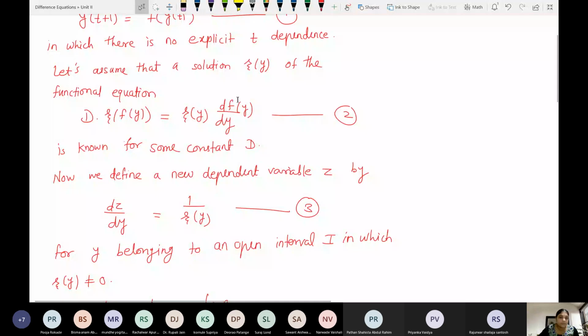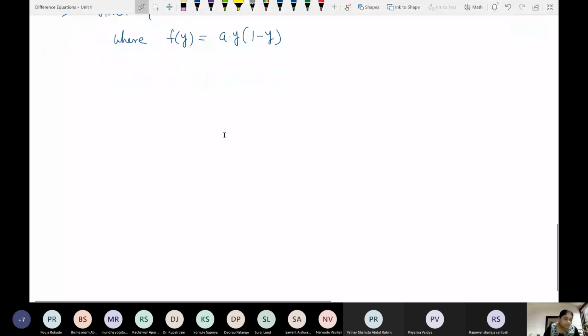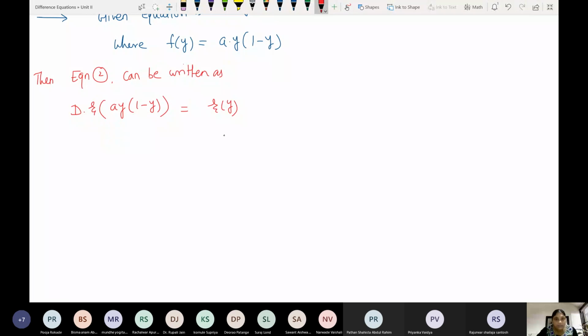So equation 2 can be written as d xi of f of y, where f of y is a y times 1 minus y, which is equal to xi y d, what is that, dz by dy.